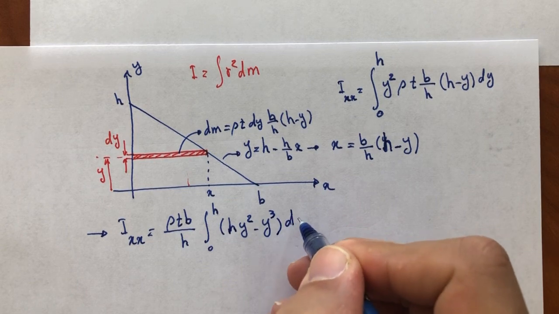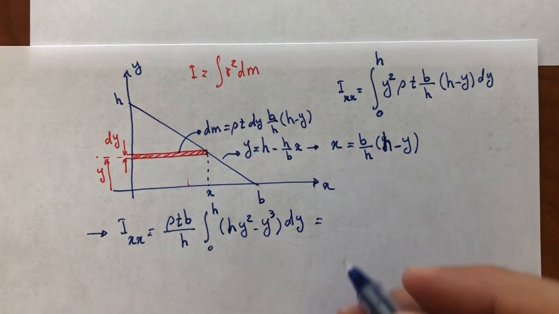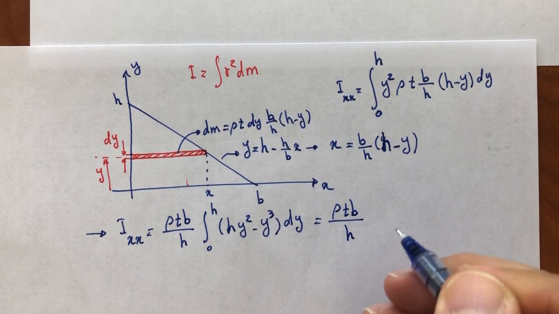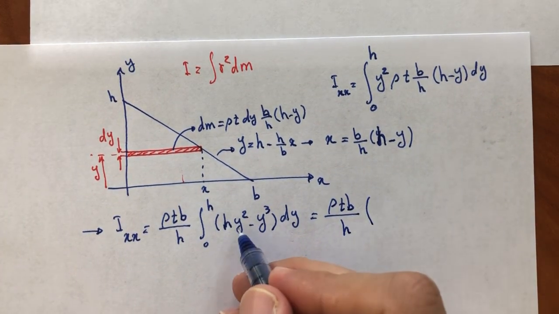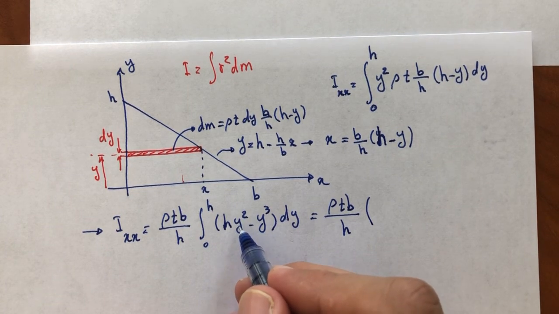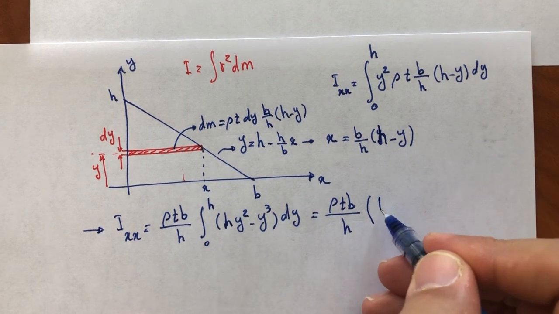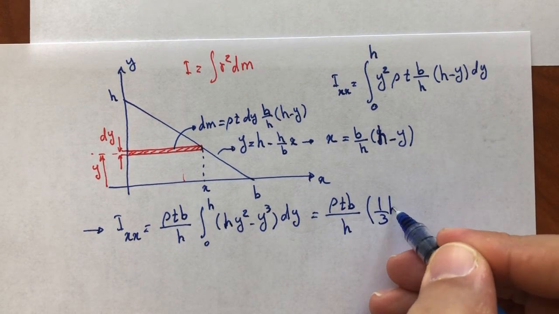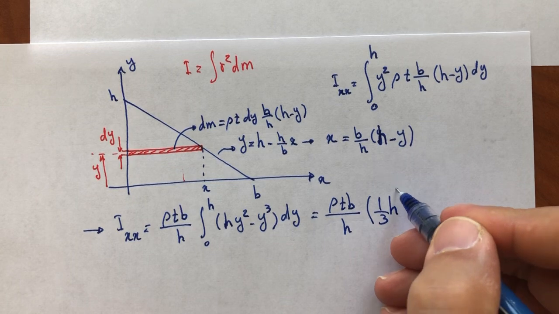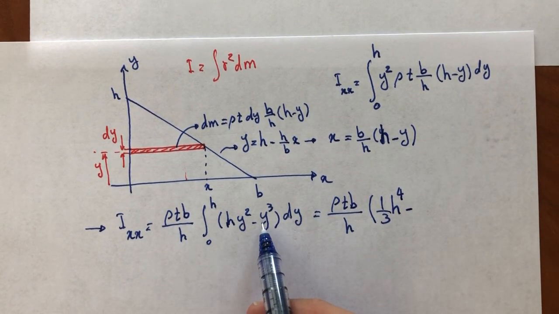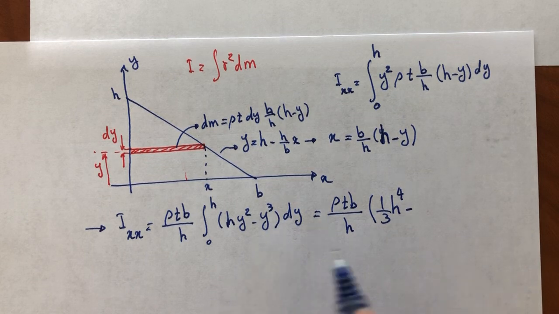That is rho t b over h times 1/3 of y cubed times h, which from 0 to h gives 1/3 h to the 4, minus 1/4 of y to the 4, which gives 1/4 h to the 4.